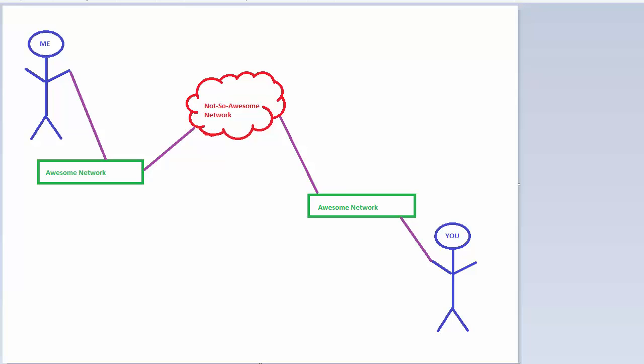We might all point at him and call him the problem because we're having a network problem and he's the busiest one, right? So that's definitely got to be it. No, absolutely not. He's just the one with the biggest workload that happened to be on the network doing things at the time when things were slow. So don't do that, because the problem was right out here in this not so awesome network in the center.